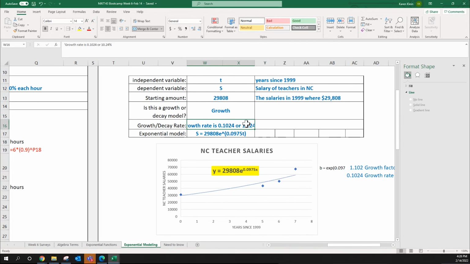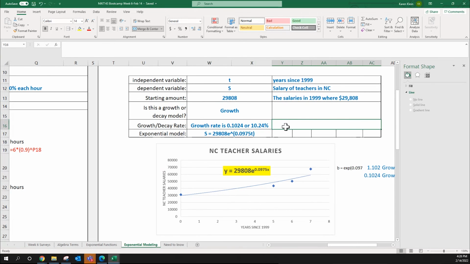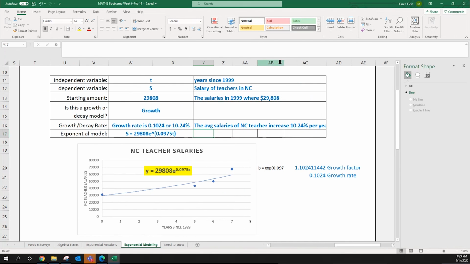So now let's talk about how to interpret that amount. What does that mean? So this means that the average salaries of North Carolina teachers increase 10.24% per year, which is not true, but it is true for this example.